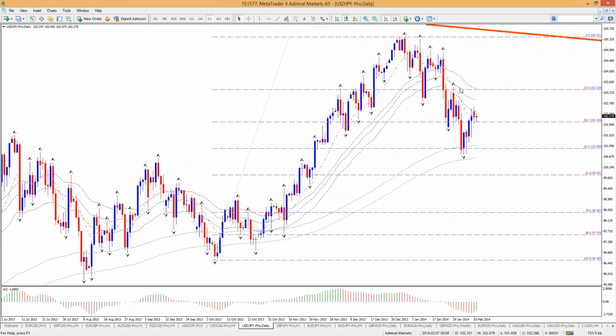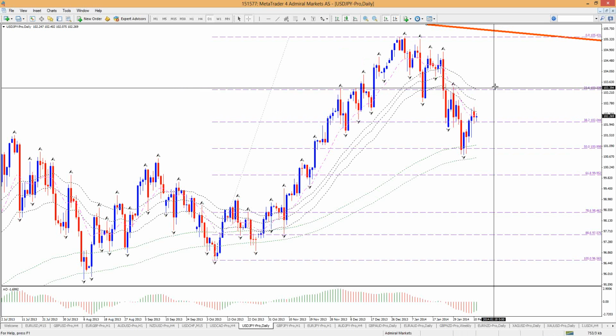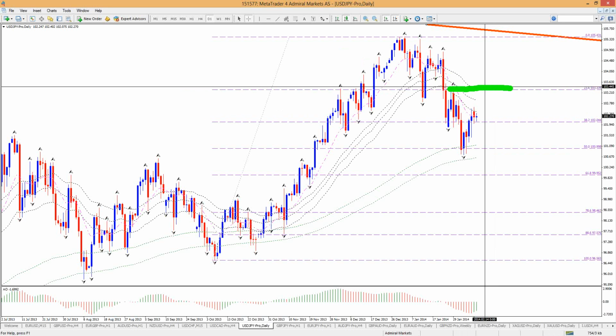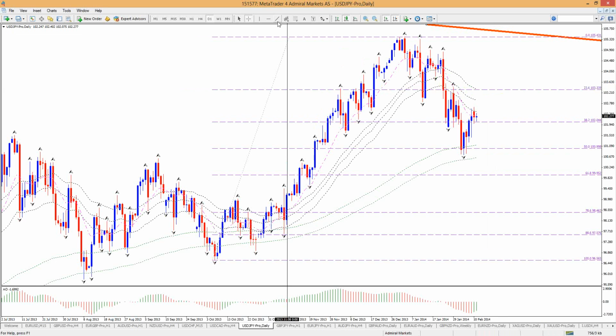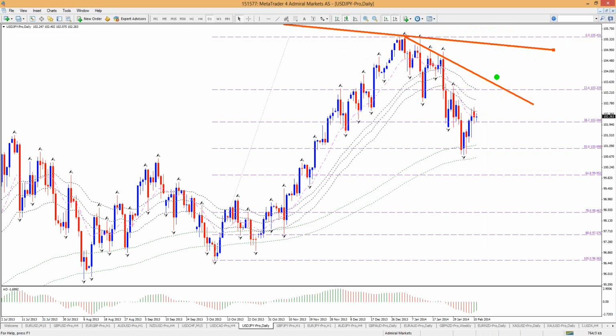Price would need to break above this particular top here, the last daily resistance at 103.40. If we break 103.40, then we're also breaking the black band on the daily chart. So I wouldn't be surprised to see a move up to that level, see a respect, and then maybe a breakthrough up to the next resistance, which is in fact this space right in here.